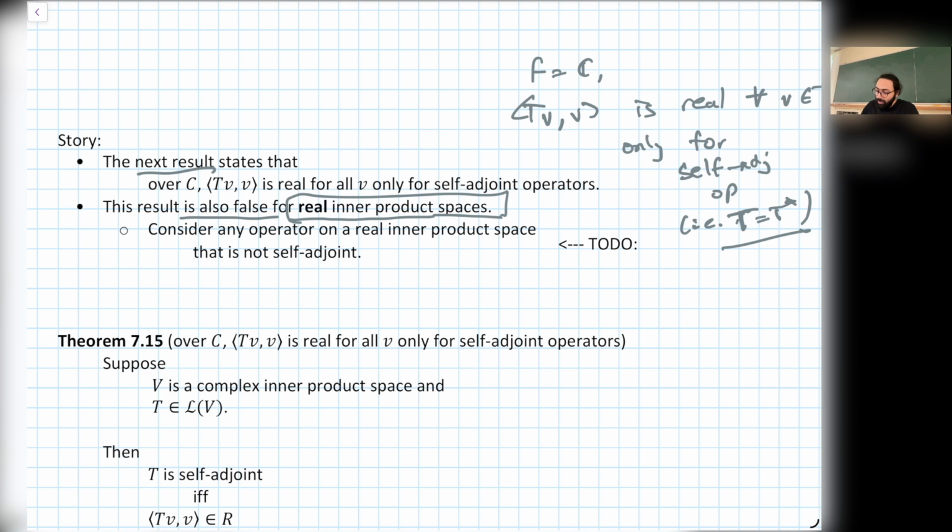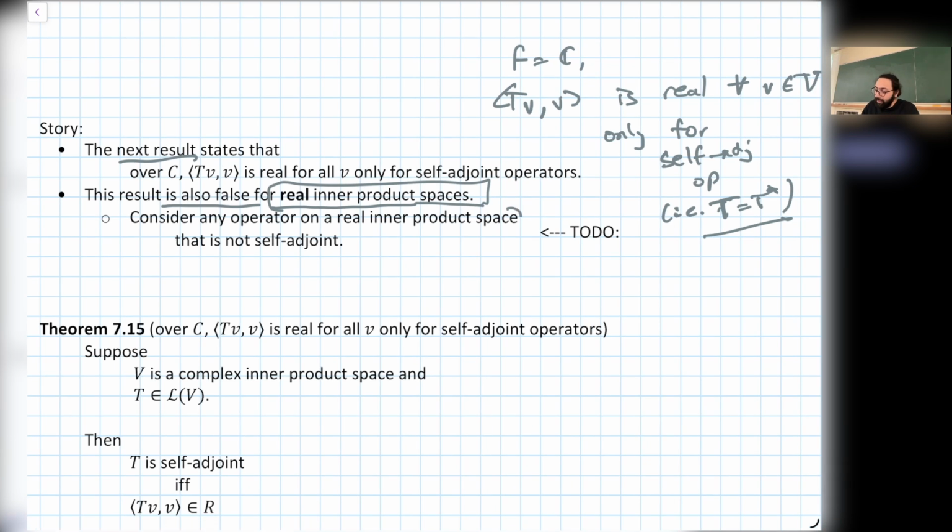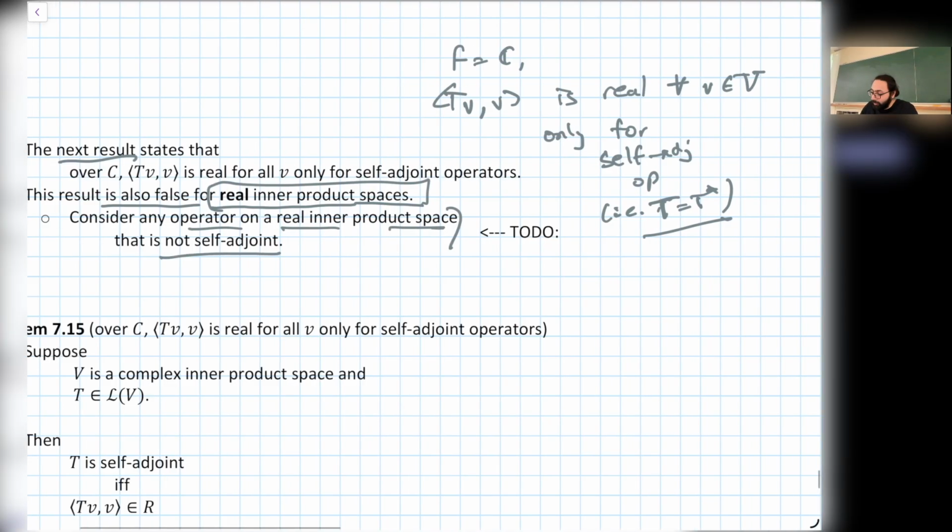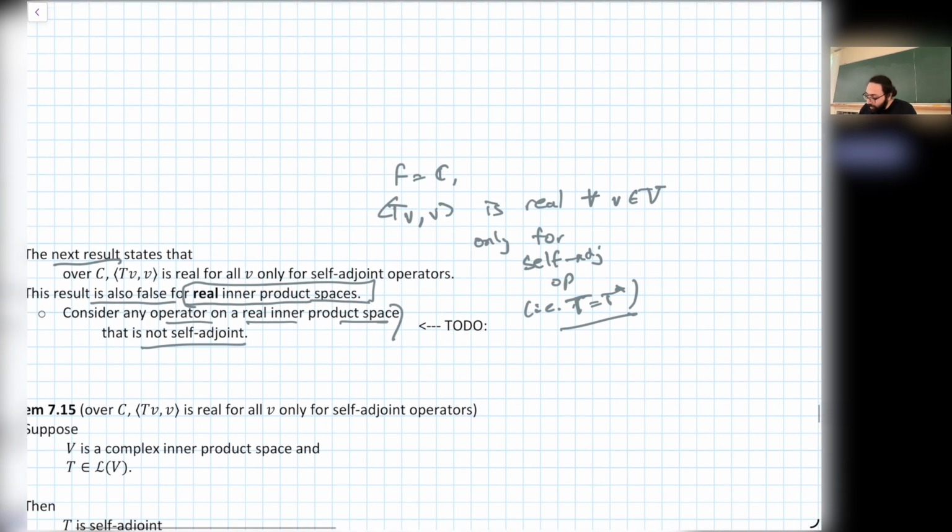You can consider any operator on a real inner product space that is not self-adjoint. So the statement is saying that this inner product would give you a real value for all v's only if the operator happens to be self-adjoint.